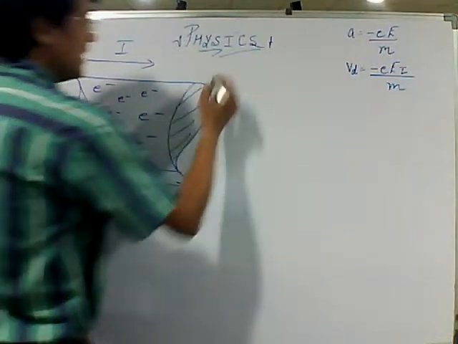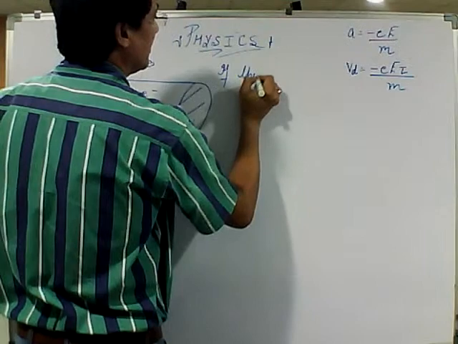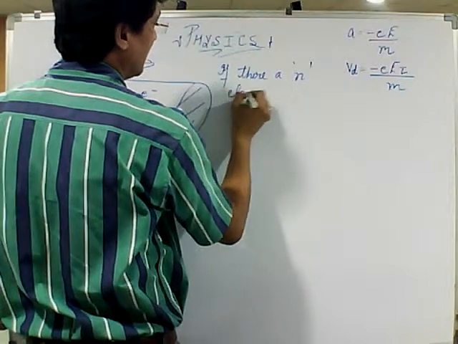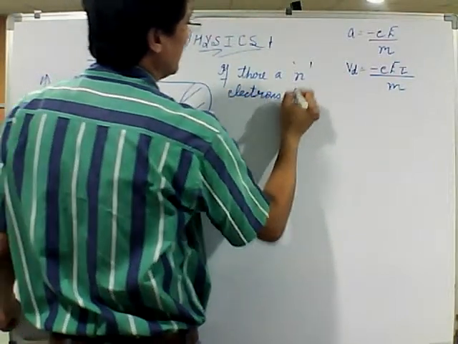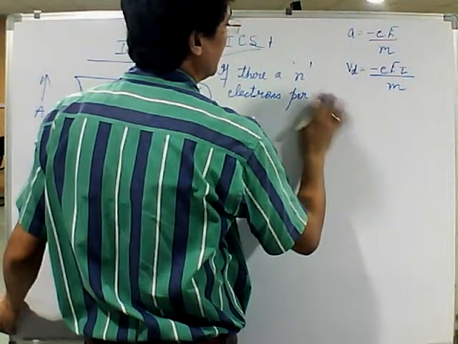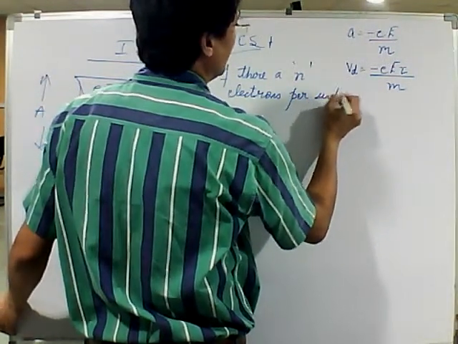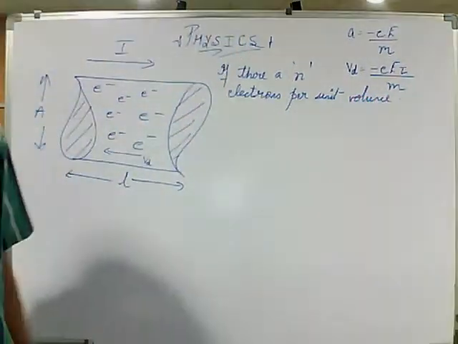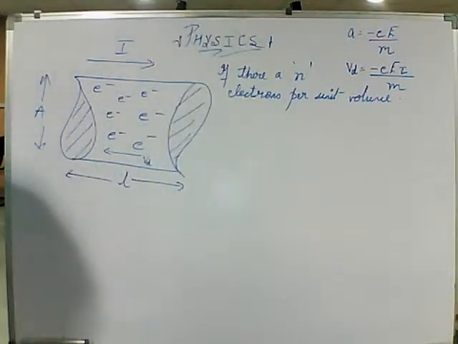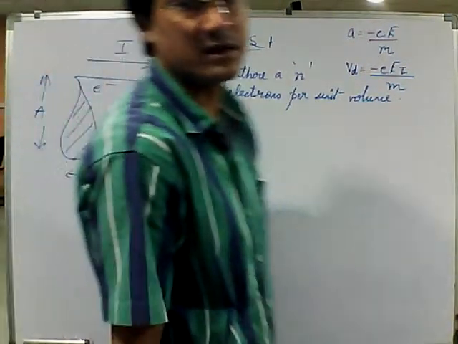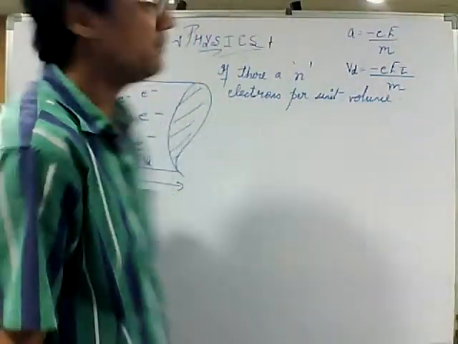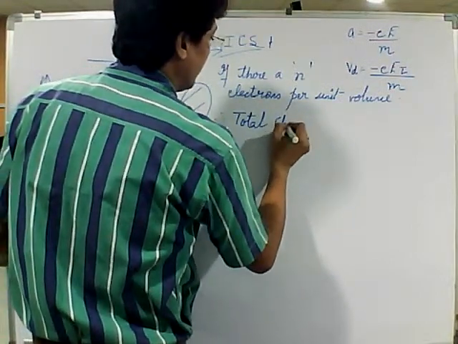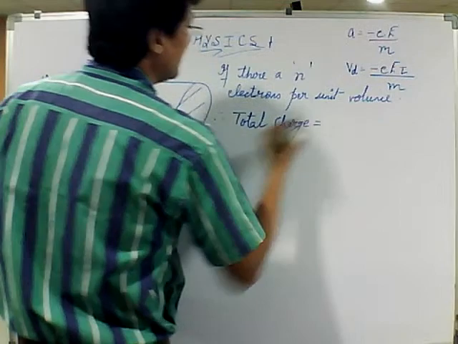If there are n electrons per unit volume, and the charge on each electron is e, what will be the total charge present?